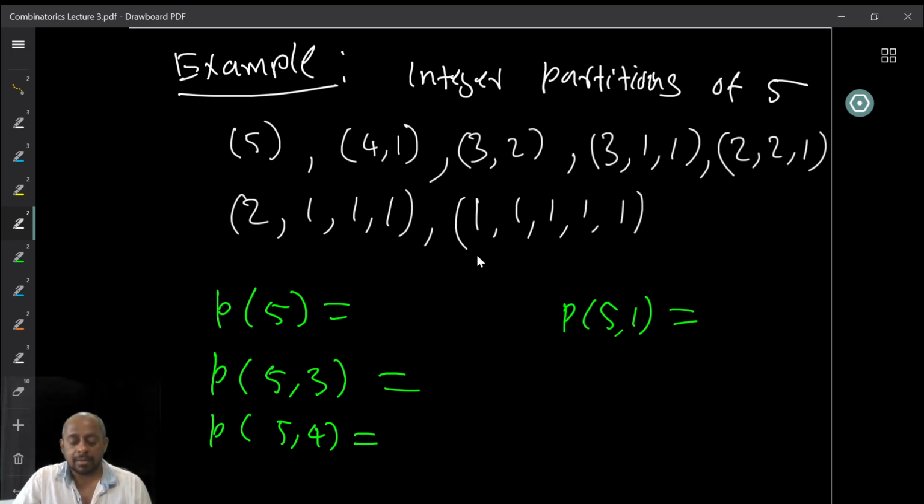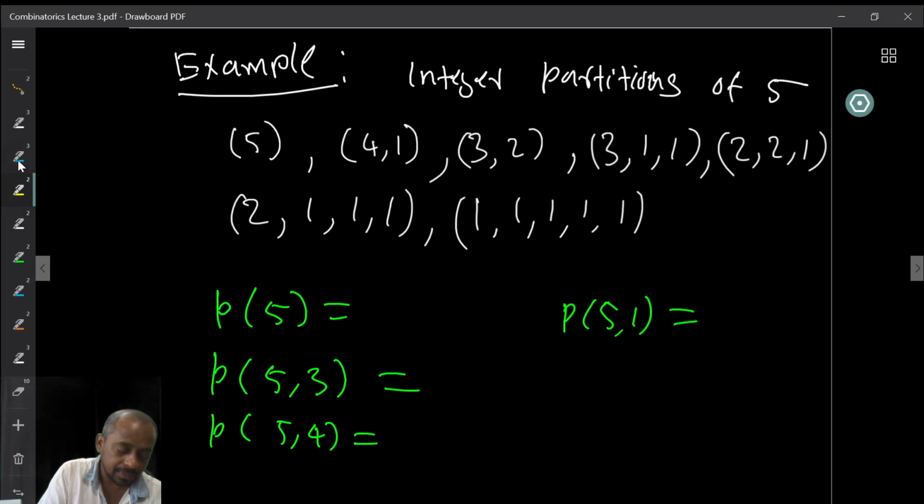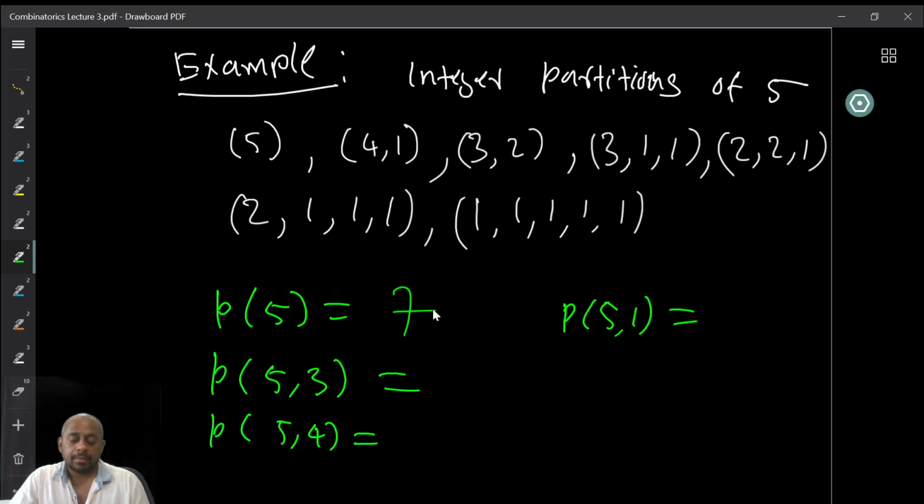These are possible ways of writing 5 as a sum of decreasing numbers. How many possible ways are there? 1, 2, 3, 4, 5, 6, 7. So, if I have not missed anything, P of 5 is equal to 7. The total number of partitions of 5 is 7.